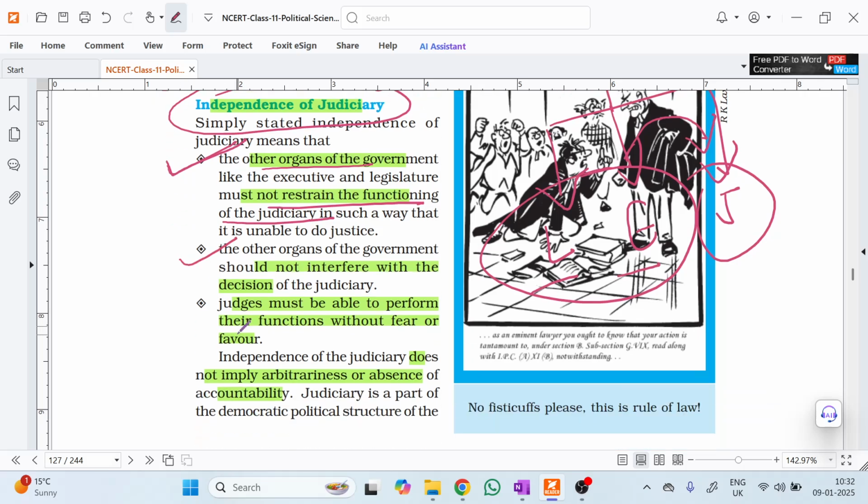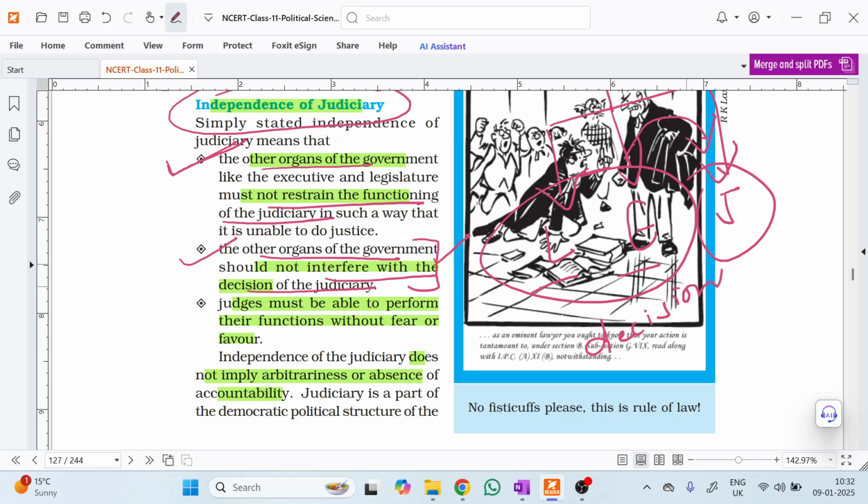Then the second principle is that those other organs of the government they should not interfere with the decisions of the judiciary, because judiciary का काम है that it looks at the evidences and, by comparing those evidences with the convention and laws, with the constitutional provisions, it arrives at a conclusion, at a decision, at a verdict.